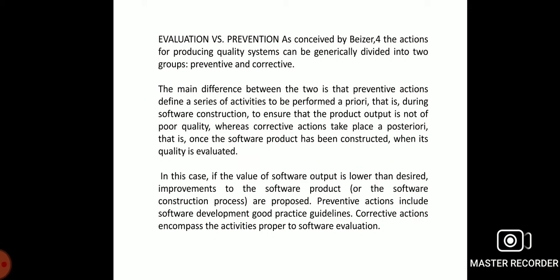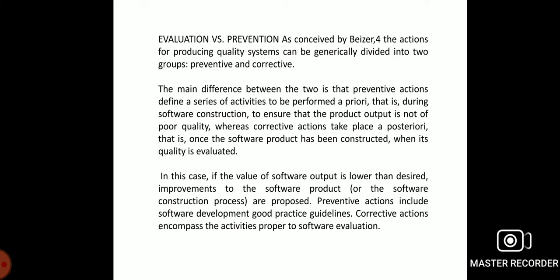The main difference between the two is that preventive actions define a series of activities to be performed a priori, that is during software construction, to ensure that the product output is not of poor quality, whereas corrective actions take place a posteriori, once the software product has been constructed and its quality is evaluated.